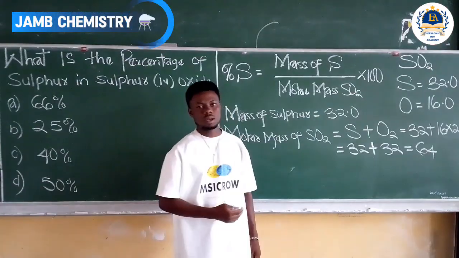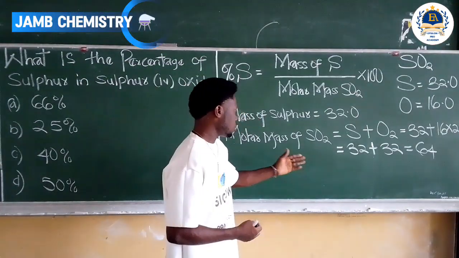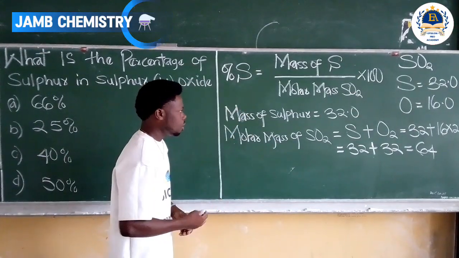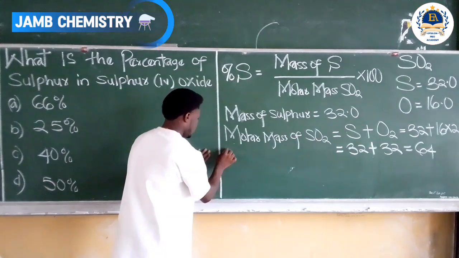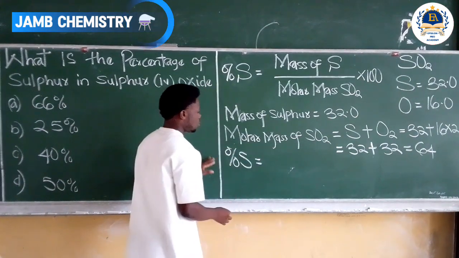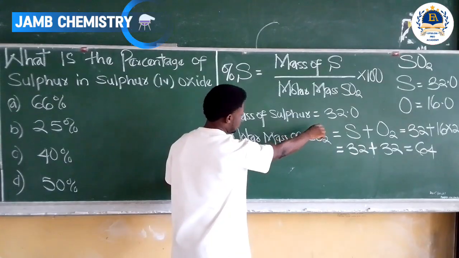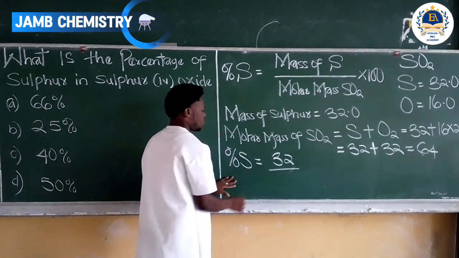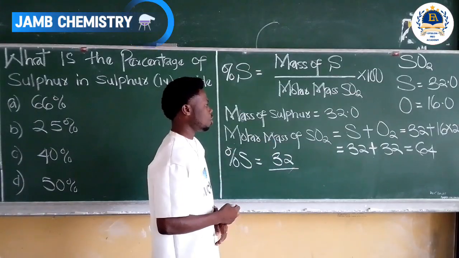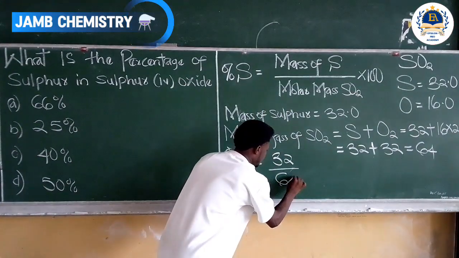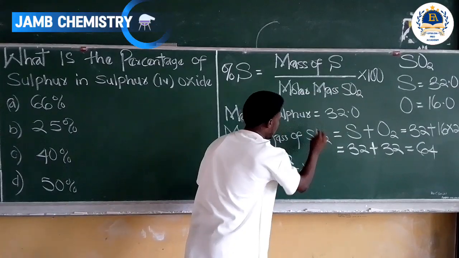At this point, we are going to substitute this into this formula. Percentage by mass of sulfur in this compound is equal to, mass of sulfur is given as 32 divided by molar mass of SO2 is given as 64 times 100.